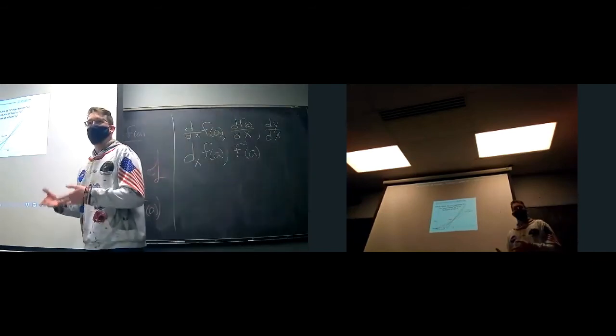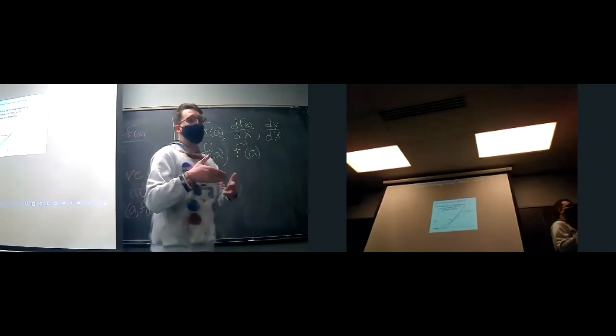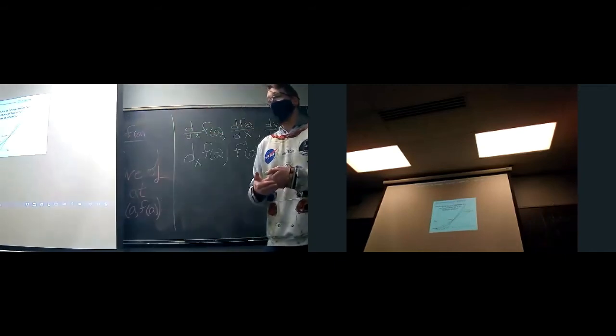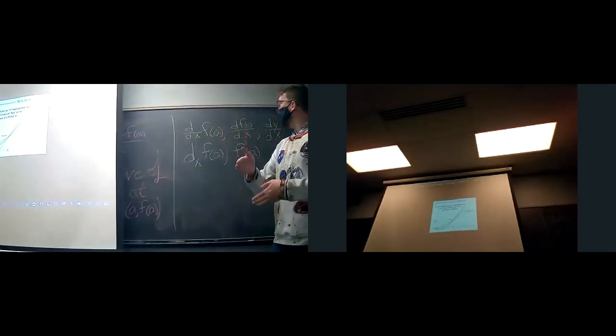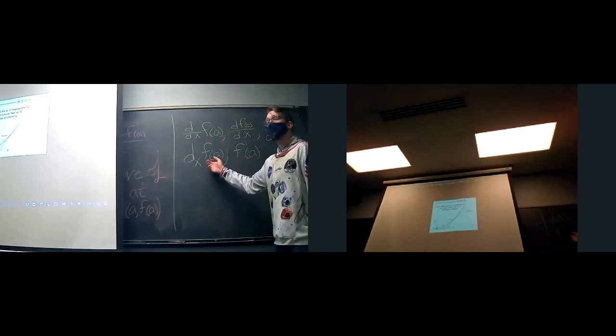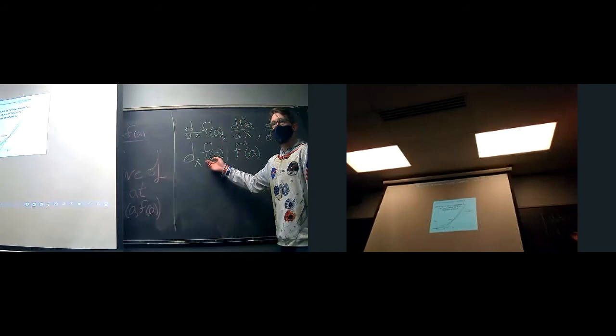In fact, it's not just related, it is our derivative. If we wanted to talk about the change in our function in the y direction compared to the x direction, we would be talking about the derivative. Is everybody cool with this? Okay.